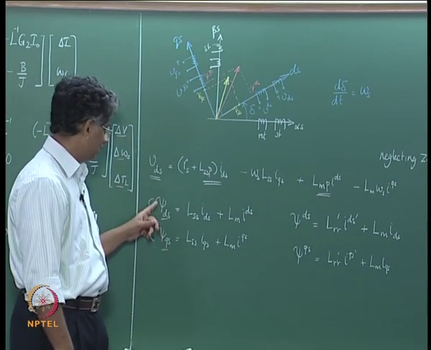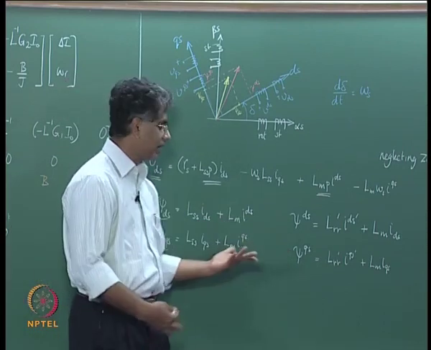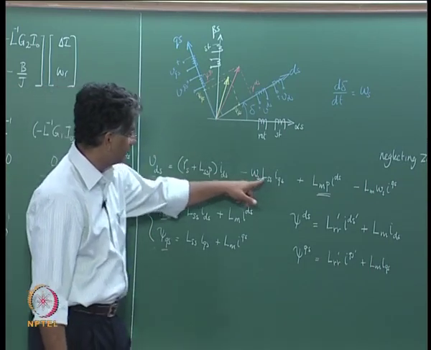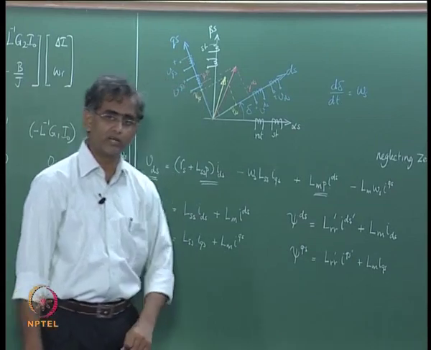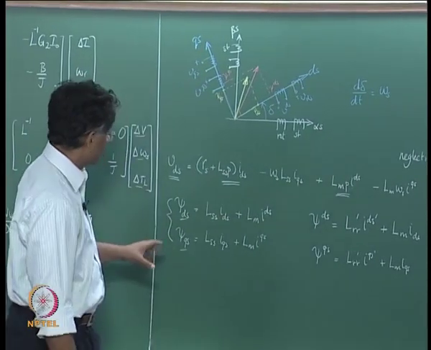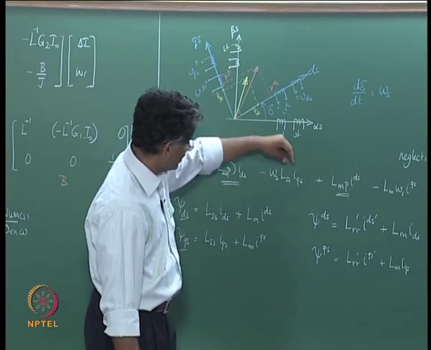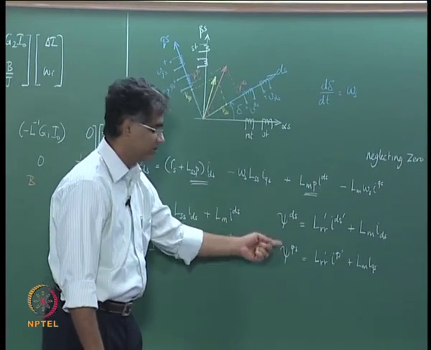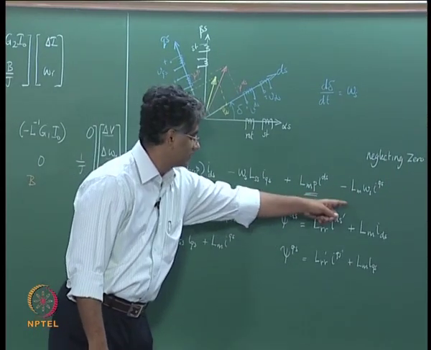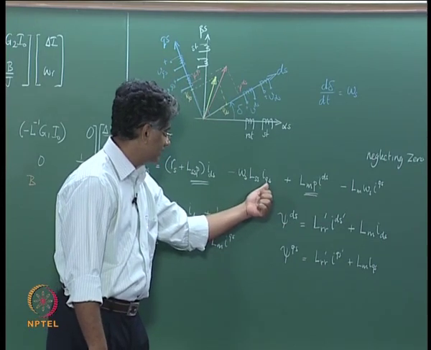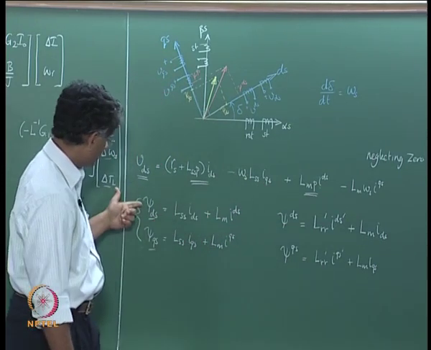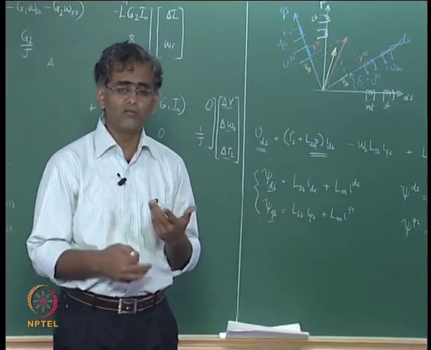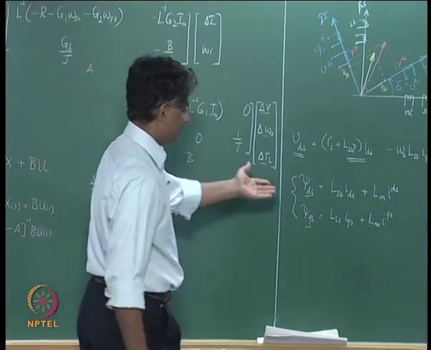So, either you could use these 4 expressions to eliminate all these variables Ids, Iqs for the stator and the rotor, or you could retain Ids and Iqs of the stator but replace the rotor ones in terms of psi, or you could retain the rotor ones and eliminate the stator Id and Iq, replacing them in terms of stator psi d and psi q. One can therefore have many different ways of writing this expression.